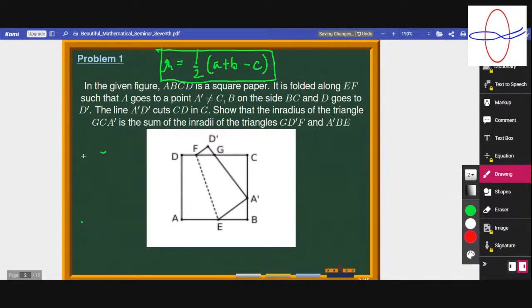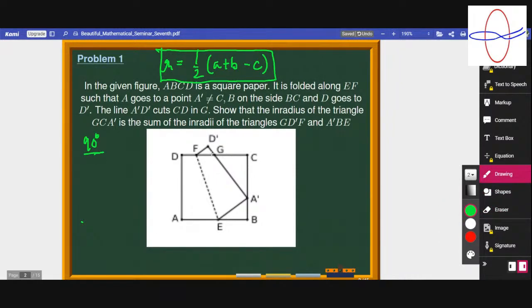Observe that FG... let me take a different approach. Let's take pairs and consider the angles. Say FG is this, G dash A is this. Let's do it in a different manner. Let's consider the angle of 90 degrees.